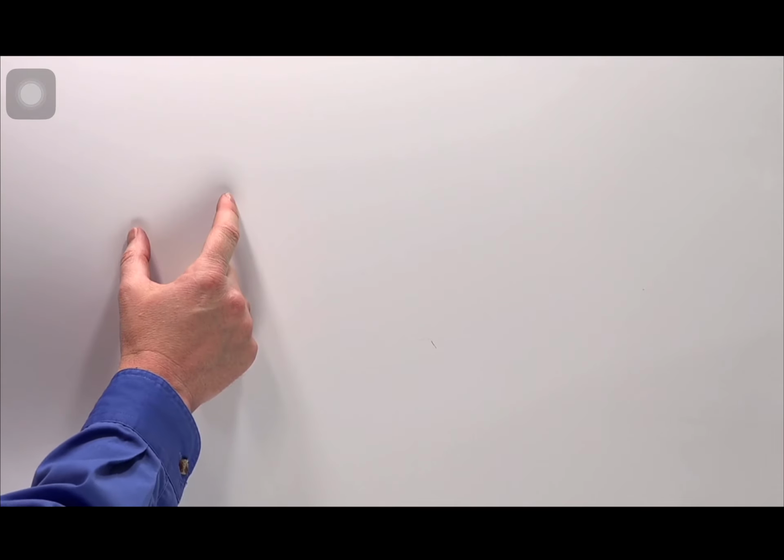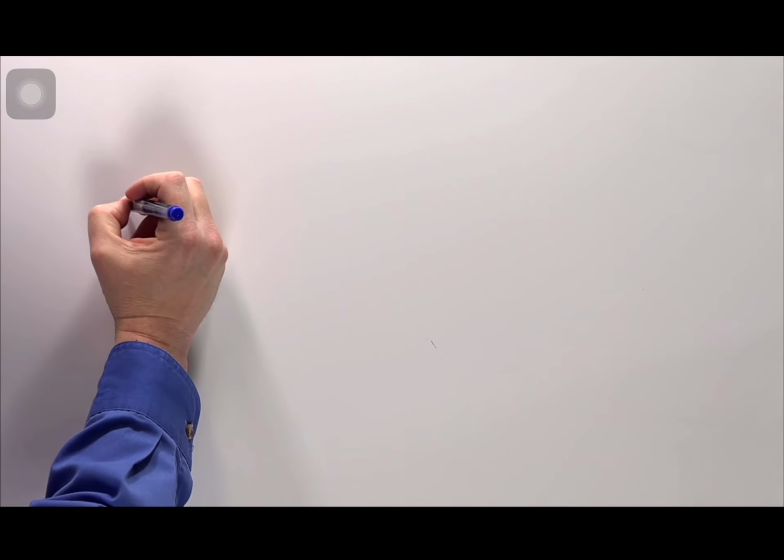Okay, so you've got the big picture. Now, let's start to tighten this picture up just a little bit. To make things a little clearer, I'm going to eliminate the black line.